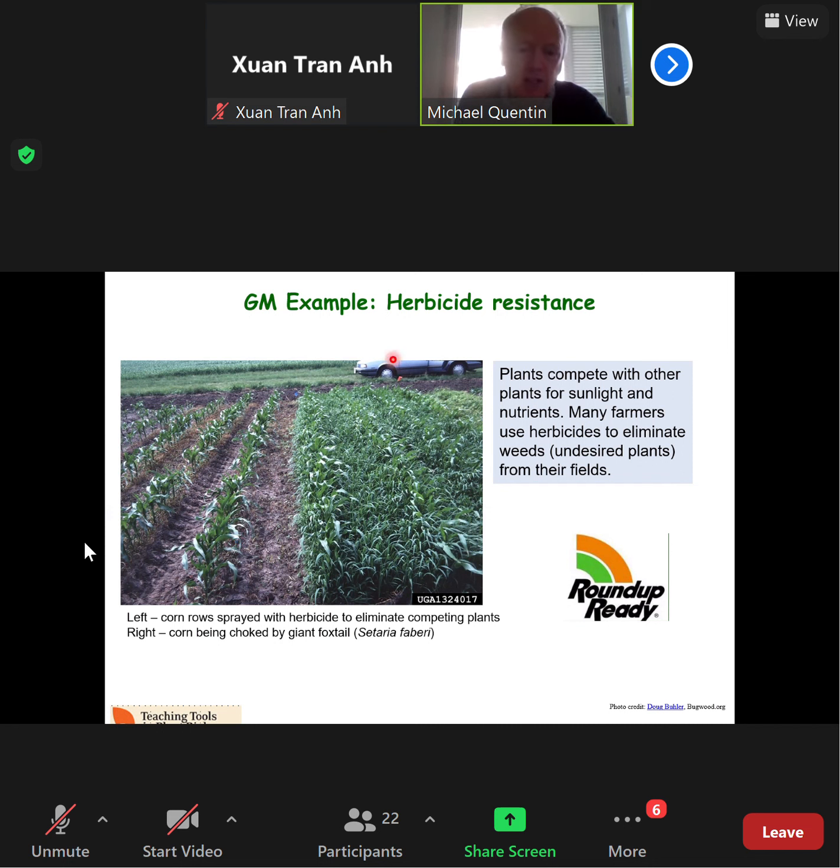And on this side, you see what the cornfield would be if you were not using an herbicide.